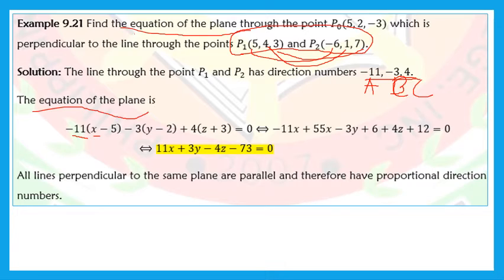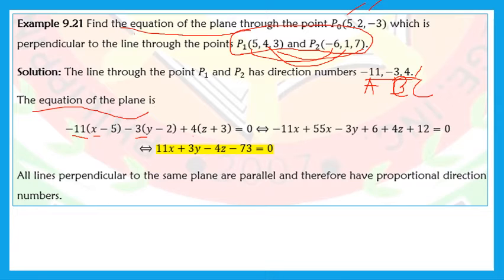And negative 5, galing yan dito sa point P sub O, minus 3, galing yan dito kay B. And then Y is constant, minus yung 2 na yan is galing dito. And then plus 4, yung 4 is yan yung direction numbers natin, isa sa mga direction number.